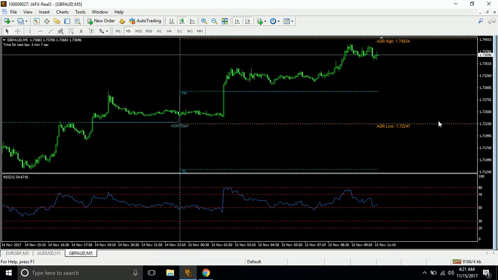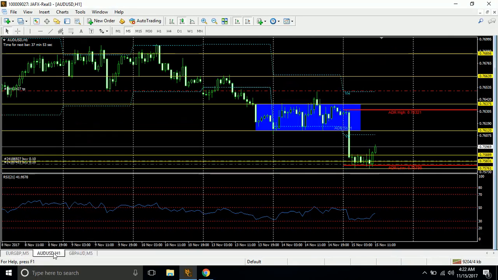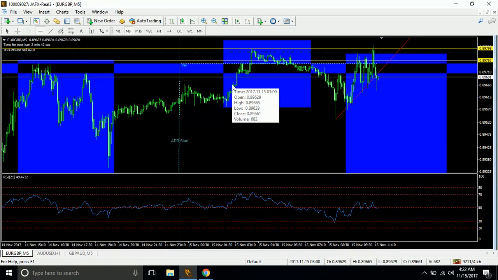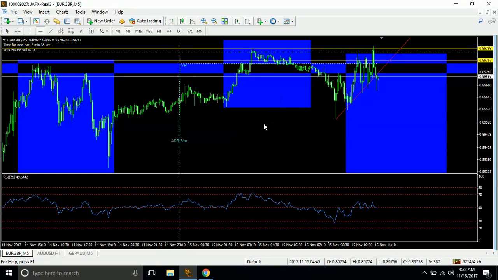Great Britain pound and the U.S. economy are two completely different economies. So when you look at the pound Aussie, it's Great Britain versus the Australian economy. Aussie dollar, the Australian dollar versus the U.S. economy. Euro pound is the euro versus the pound economy.